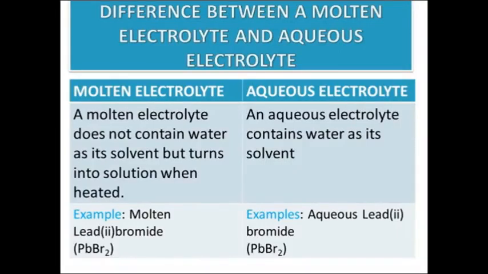The aqueous electrolyte contains water as its solvent. The mobile ions are produced as a result of the addition of water.